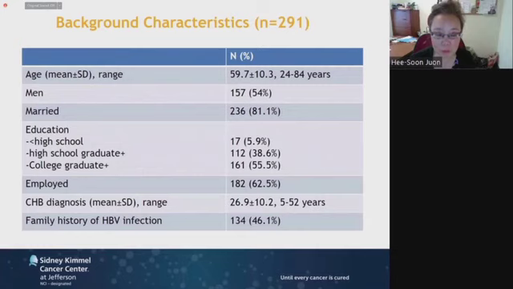2/3 are employed. Year of CHP diagnosis: the mean was 27 years, with a wide range, 5 to 52 years. About half of the sample had a family history of Hep B infection.